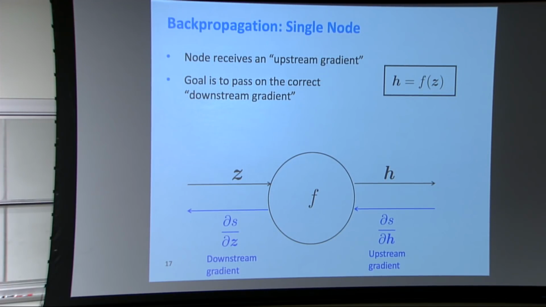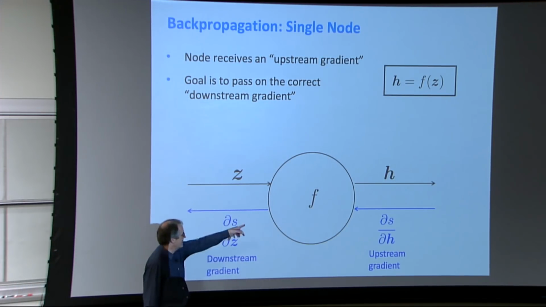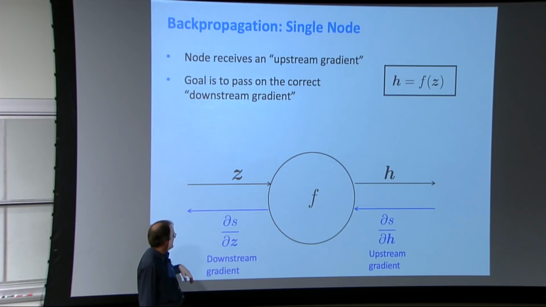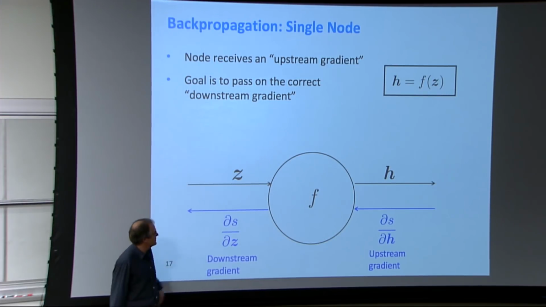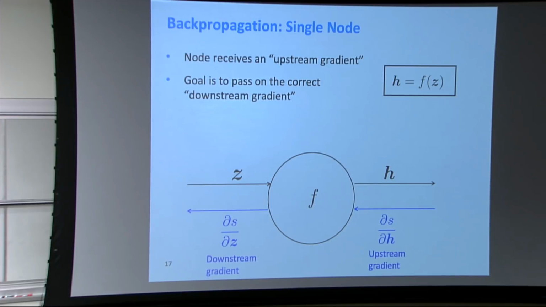So that's the partial of S by H here. And then we did some operation here. Here's the nonlinearity, but it might be something else. And so what we want to then work out is a downstream gradient, which is the partial of S by Z, which was the input to this function. And well, then the question is, how do we do that?